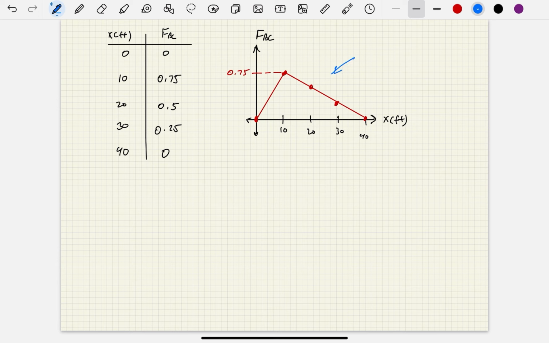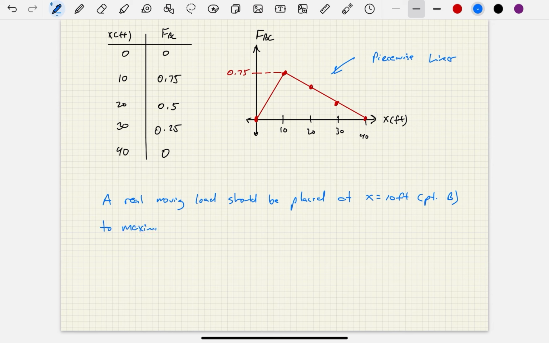So I'll make a note here. This is piecewise linear. So finally, a real moving load should be placed at x equals 10 feet, point B, to maximize FBC.